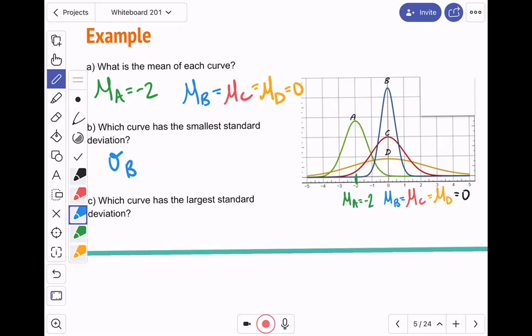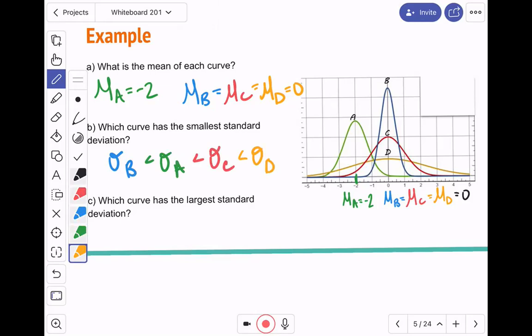Which one would be next, by the way? A. So curve B is less than curve A. Which one is next? C, which is greater than curve A. And the last one would be what? D. Curve D, right?